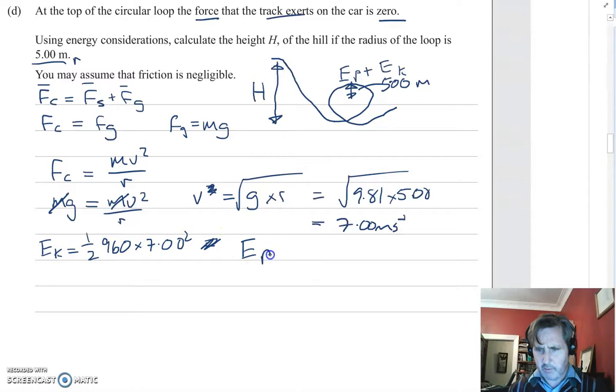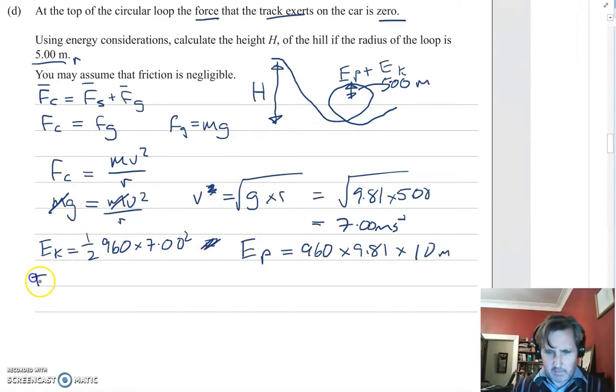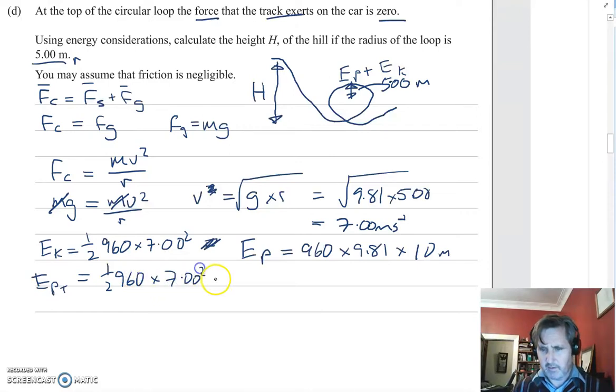Let's do that. Potential energy at the top equals mgh. So again, m is 960 kilograms times 9.81, that's g, times h. So the height here from the bottom is 2 radiuses, 1 diameter, 10 meters. Yep. So the total energy, the EP total, equals the kinetic energy, half 960 times 7.00 squared plus 960 times 9.81 times 10.